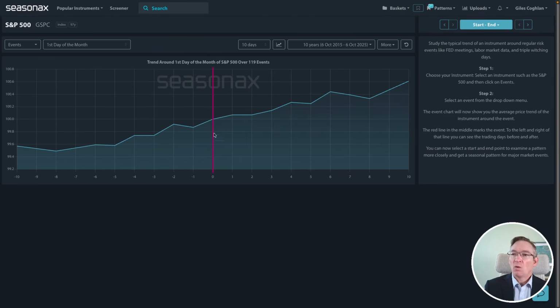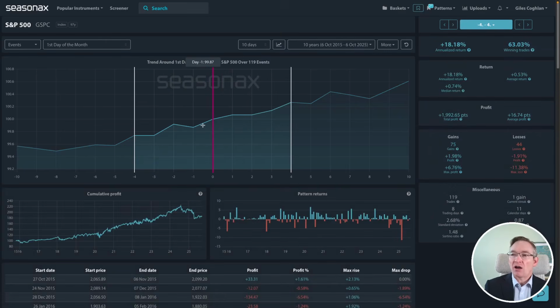So when we apply this, if we look at the first 4 days before the turn of the month and the 4 days after the turn of the month, we can see that there's historically been an average return of 0.5%, 63% winning trade percentage, and you can see that the cumulative return has been significant over the last 10 years.